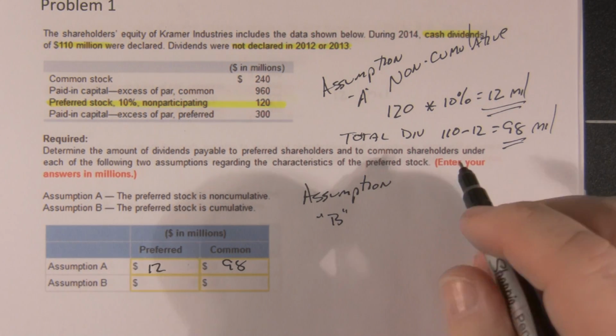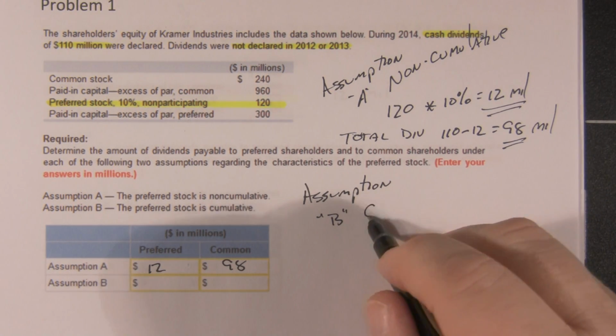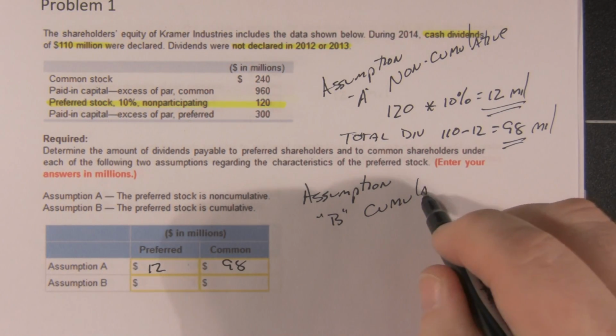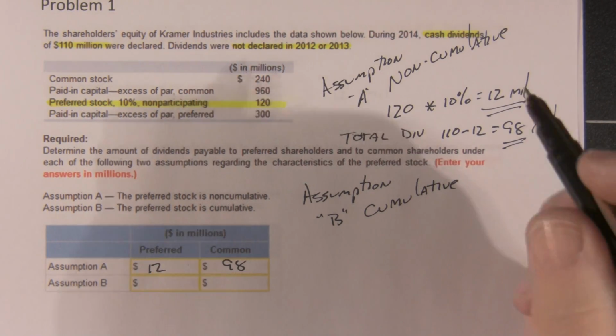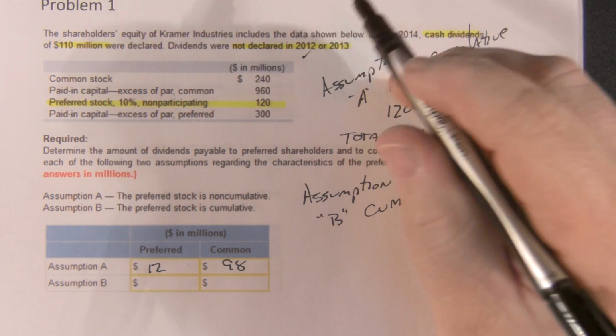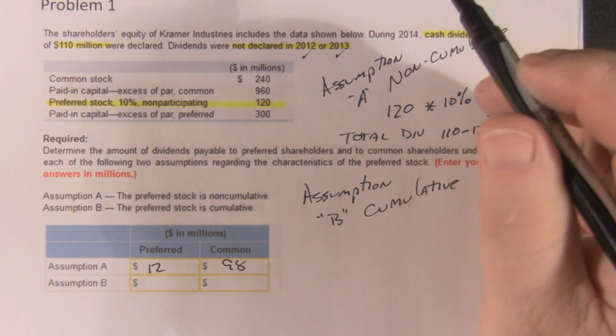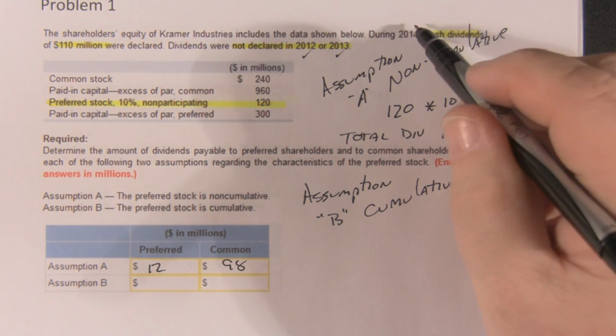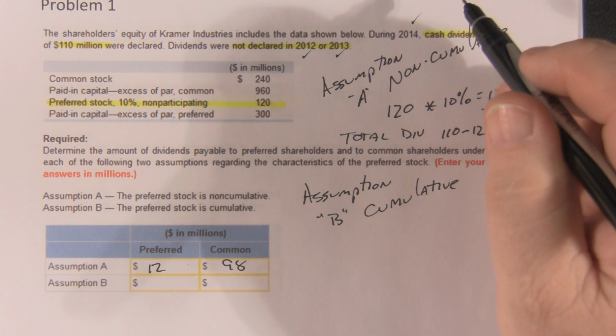says that the preferred is cumulative. Now, we didn't declare a dividend in 2012 or 2013. We did in 2014.